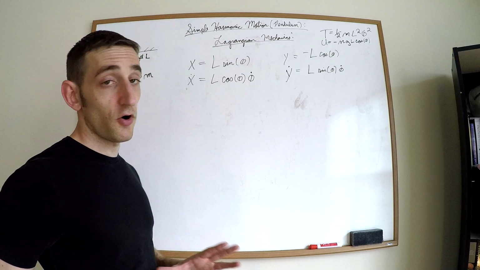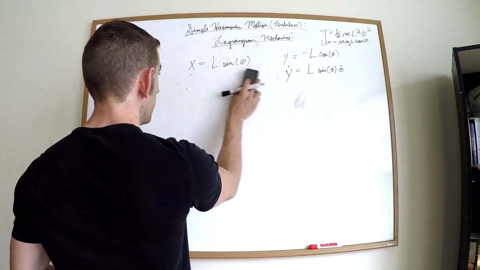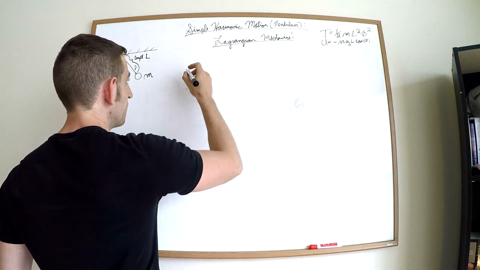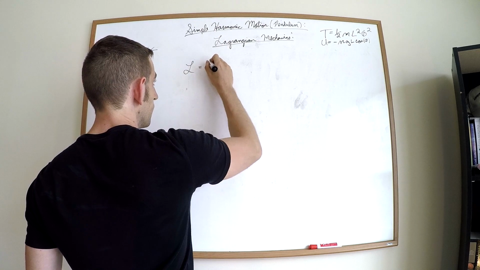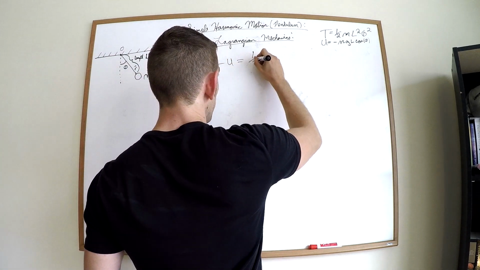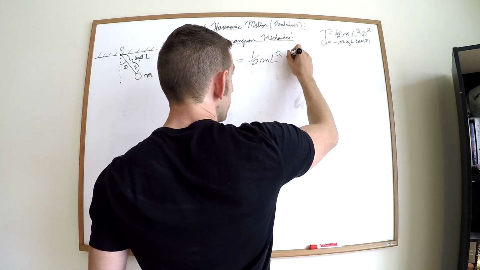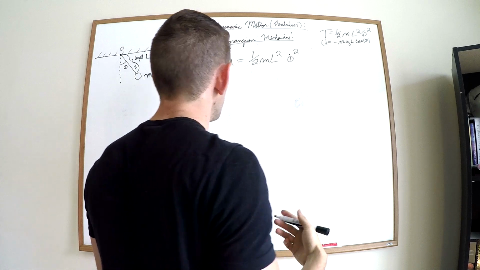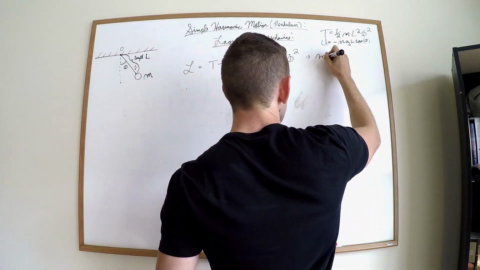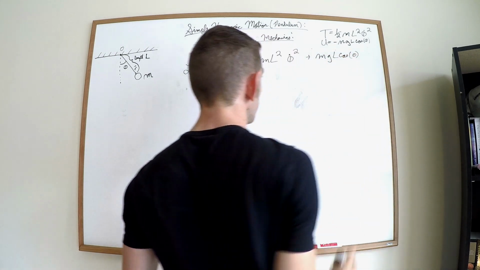We have all the components we need. So, I guess I can get rid of this now. Don't need it anymore. So, the Lagrangian, which is T minus U, is now 1/2 ml squared theta dot squared minus U. So minus minus becomes plus mgL cosine theta.